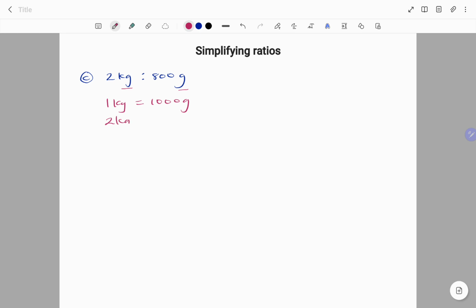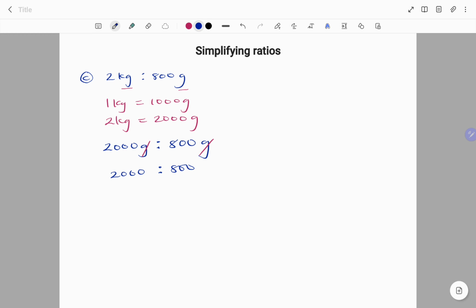Therefore, 2 kilograms will give you 2,000 grams. Thus, if I change my ratio, from 2 kilograms, I'm going to have 2,000 grams to 800 grams. Once I see that the units are the same, I can drop the unit. Then I'm left with 2,000 to 800.